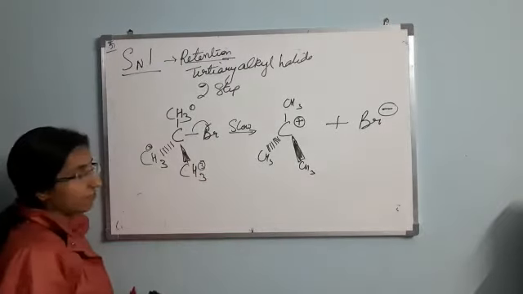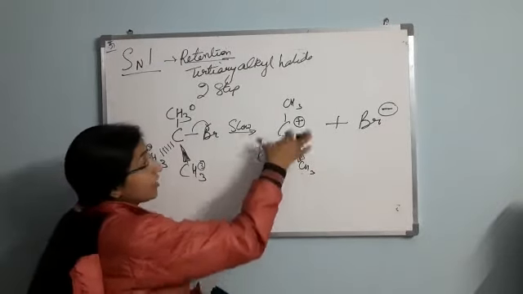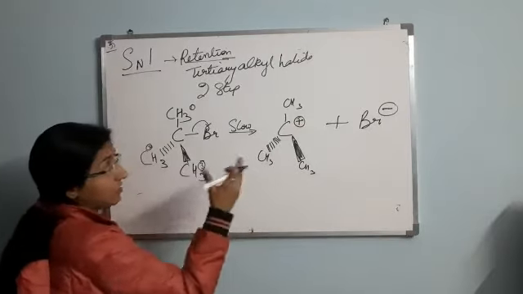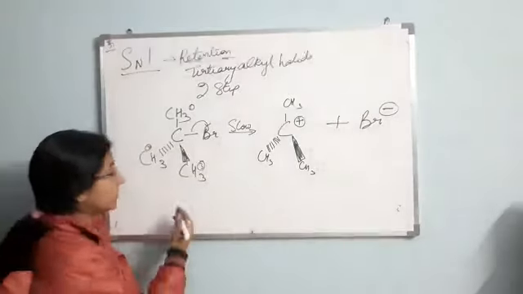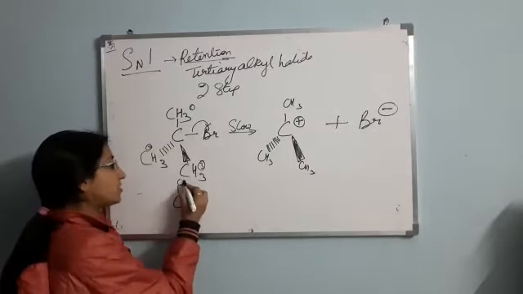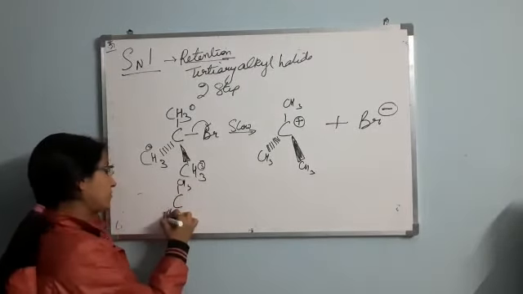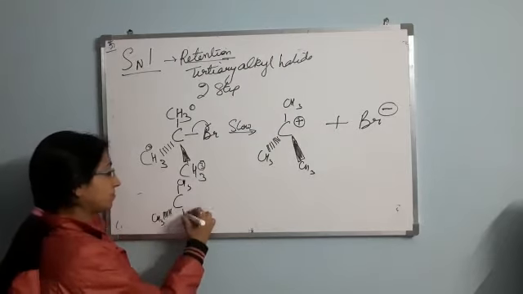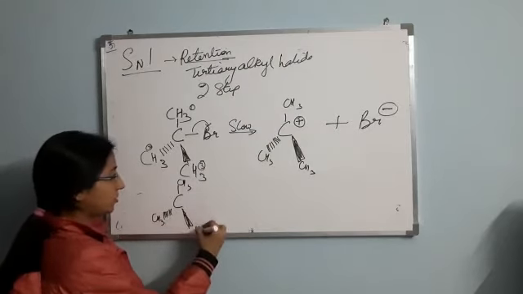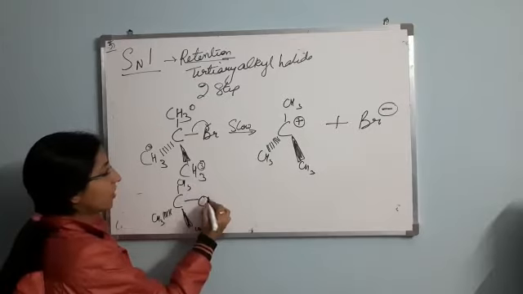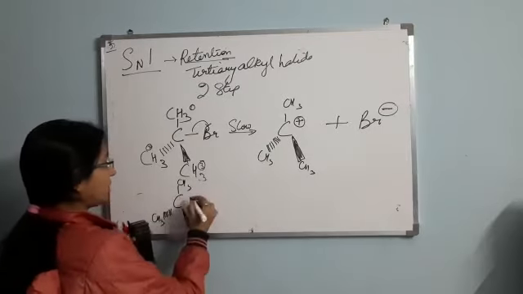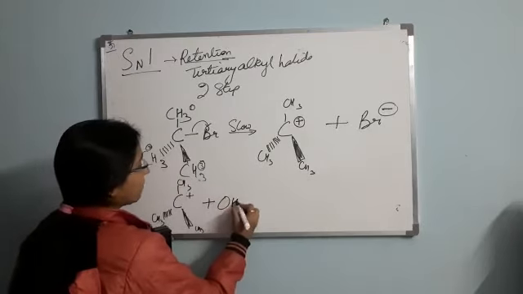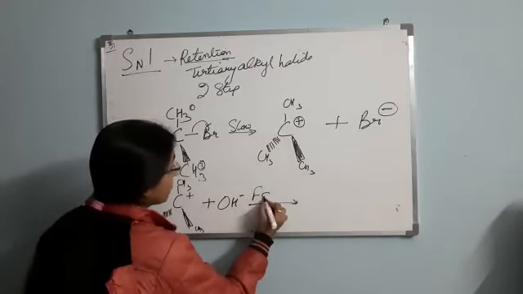Okay. And now, what will be the second step? The second step will be very fast, because if the carbocation is already formed, then it will become much easier for a nucleophile to attack. Now, see, the nucleophile is going to attack from this side. The configuration will not change, and this carbocation will be attacked by the nucleophile, and the reaction will be very fast.